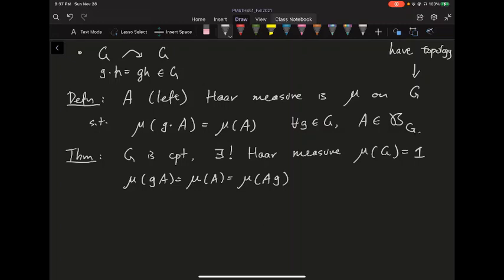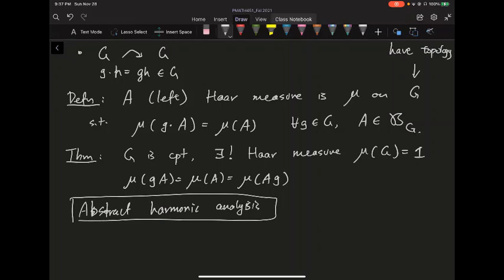All of these are studied in something called abstract harmonic analysis. One course at Waterloo is PMATH 833, which I just want to advertise a little bit because I'm actually teaching that next term.